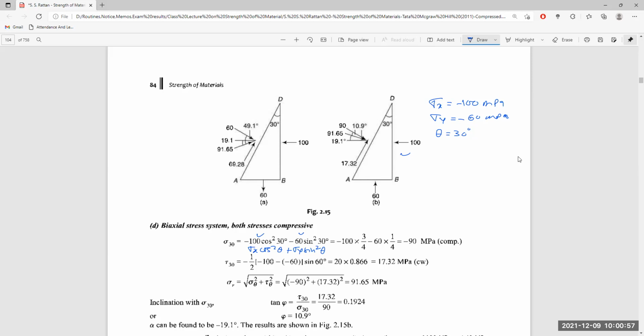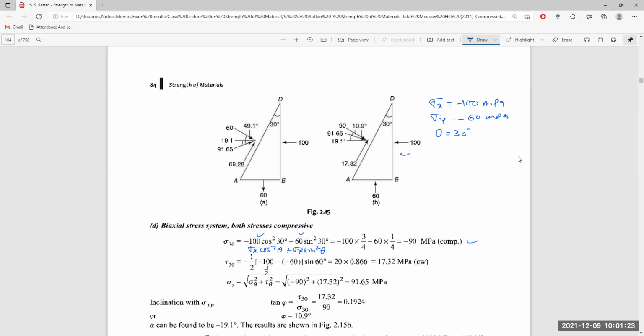Cos square 30 degrees is 3 by 4, and sin square 30 degrees is 1 by 4. So minus 100 into 3 by 4 minus 60 into 1 by 4 is equal to minus 90 MPa. Both are compressive. Tau is equal to half of sigma x minus sigma y multiplied by sin 2 theta.